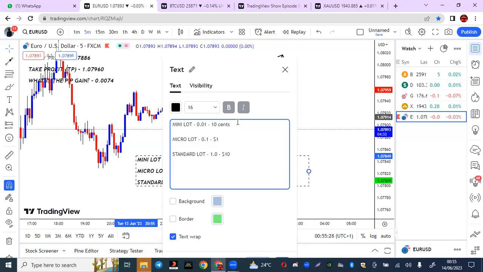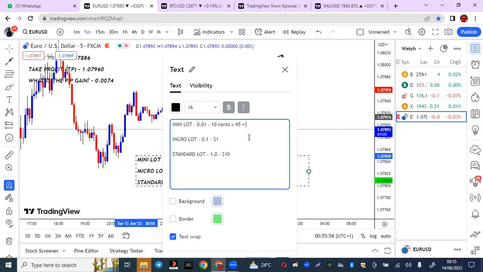Now 45 pips. Don't worry, this class will soon be over. If we multiply 10 cents by 45, 10 cents is actually 0.1. So times 45 is going to be what? 4.5.